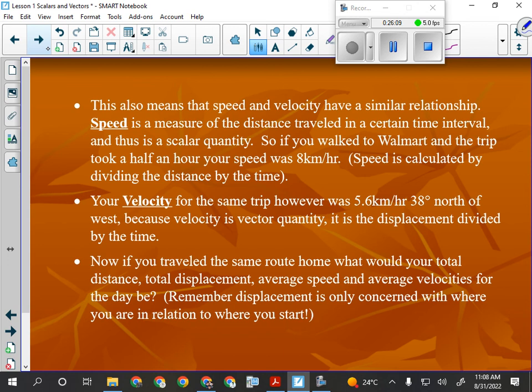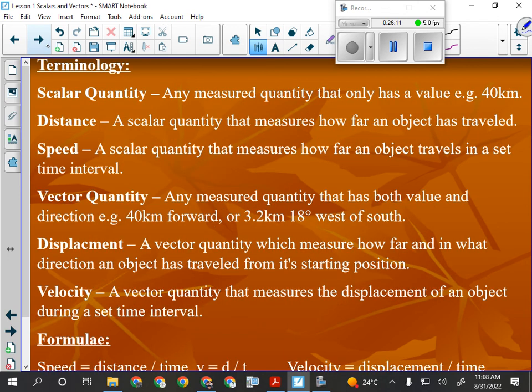A scalar quantity is a measured quantity that only has a value, 4 kilometers, 75 kilograms. Is time scalar or vector? That's confusing, right?